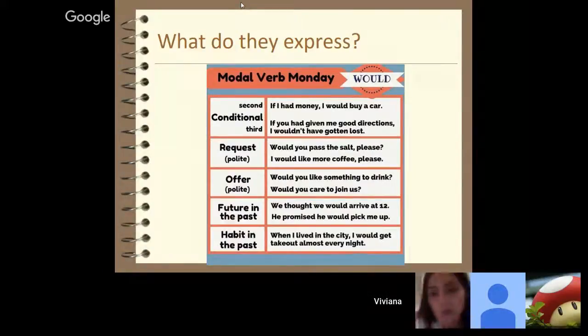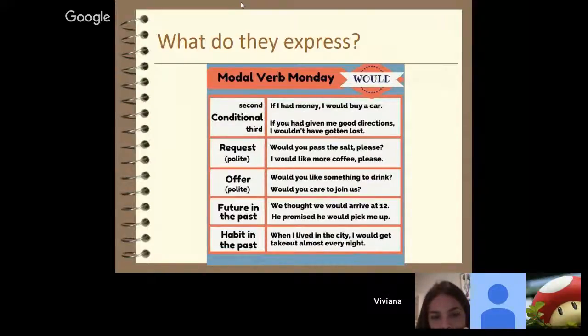Thank you very much. Okay, this verb would is like something that you could do and you would do. You can use it as a conditional, a request, an offer, like in polite offers and requests, and polite sentences.